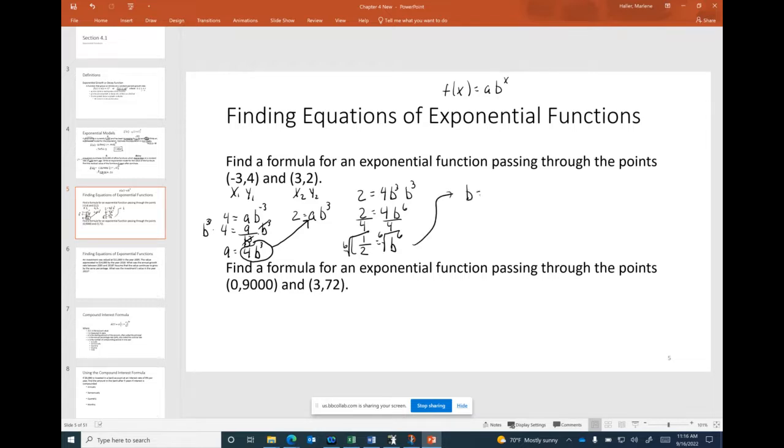So then b is going to be equal to the 6th root of 1/2, or I could write that as 0.5, since 1/2 is 0.5, raised to the 1/6 power. That's the same thing as the 6th root of 1/2. Let's put that in the calculator and see what that is. That's going to be a decimal. 0.5 raised to the 1/6 power has lots of decimals.